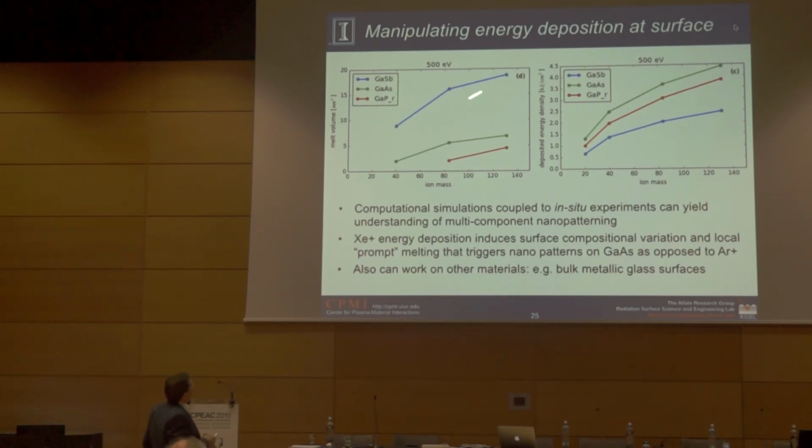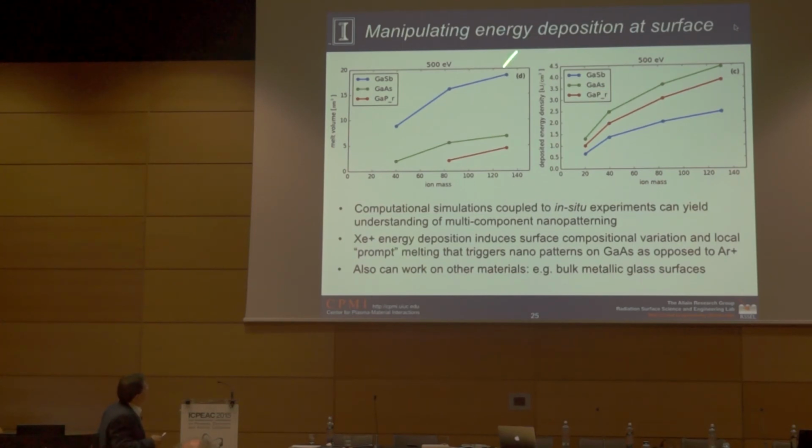These are examples for argon on these different semiconductors, and you can see argon, krypton, and we have the case for xenon. You can see the difference between the melt volume and correlate that back to the pattern.